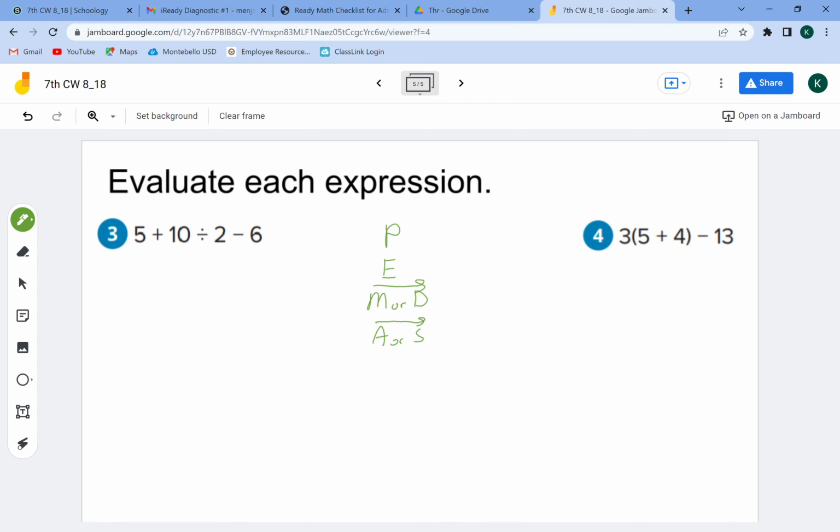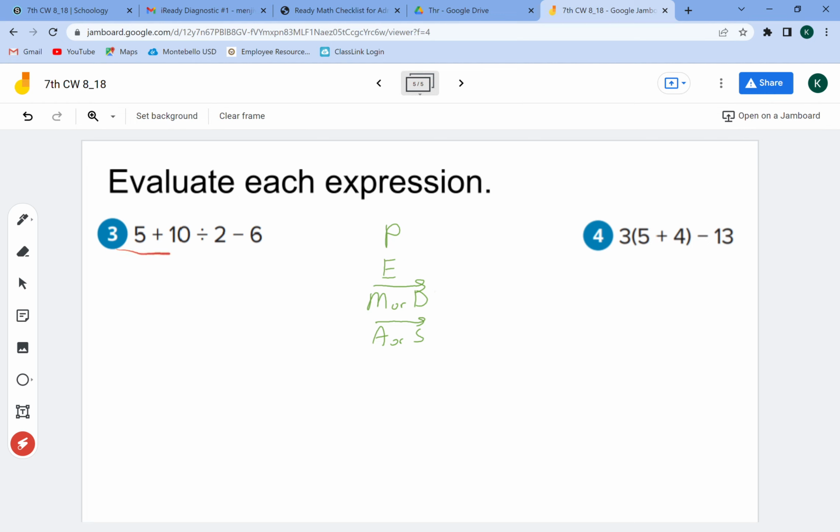Okay, so if I do problem 3, for example, notice that I scan it and ask, is there any parentheses? I don't see any, so I don't use this one, it's gone. Then I ask myself, are there any exponents? I scan it from left to right and don't see any, so that's gone. Then I try to identify if there's any multiplication or division from left to right.